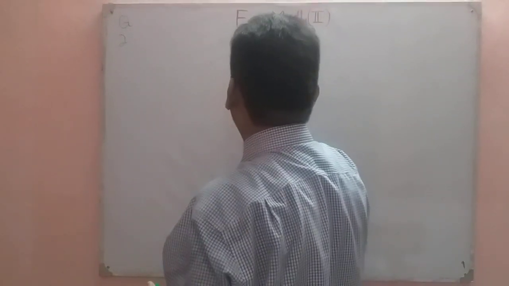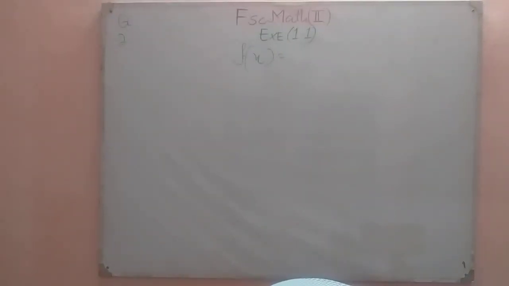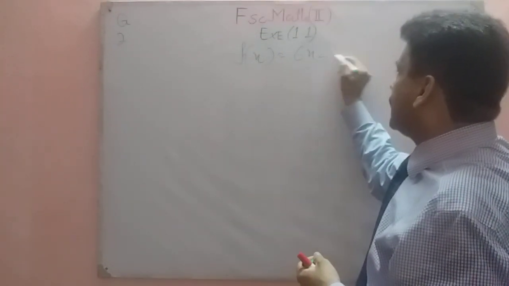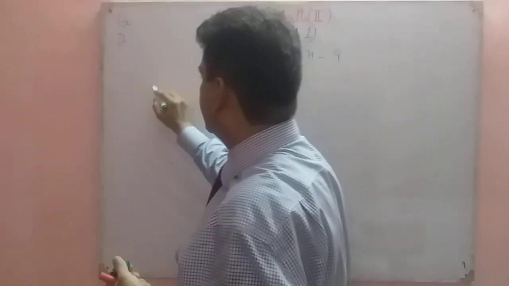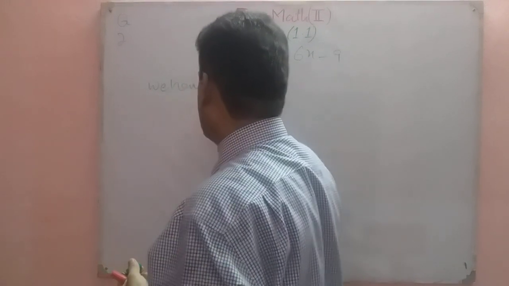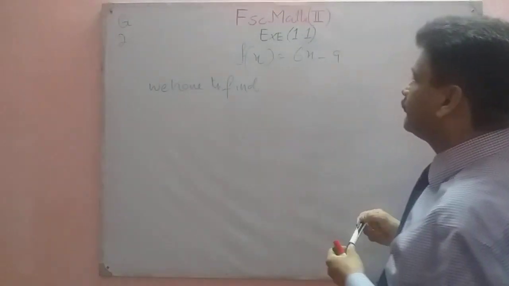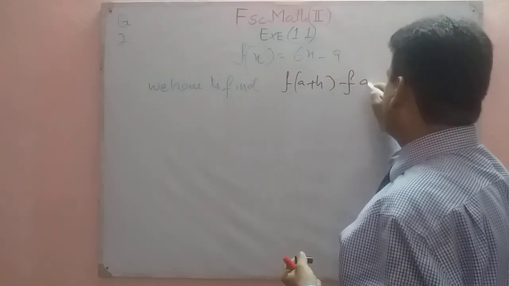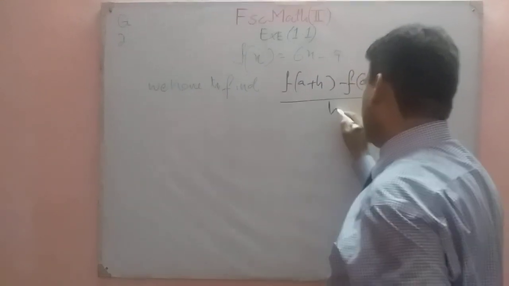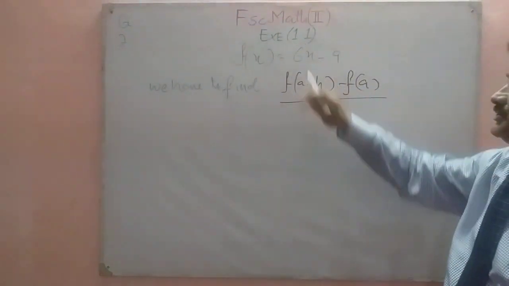The given function is f of x is equal to 6x minus 9, and we have to find f of a plus h. We just replace x by a plus h.